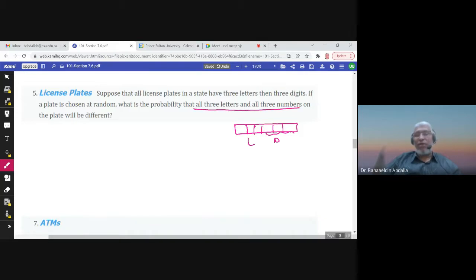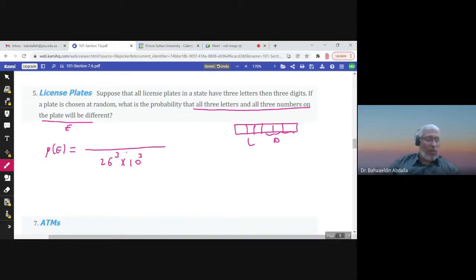So this is the event I need to find its probability. And the probability of E would be, let us talk about the sample space in general. I have the total number of plates, 26 to the power 3, 3 letters, times 10 to the power 3 for the number of possible digits. Okay, so this is the number of all possible plates.